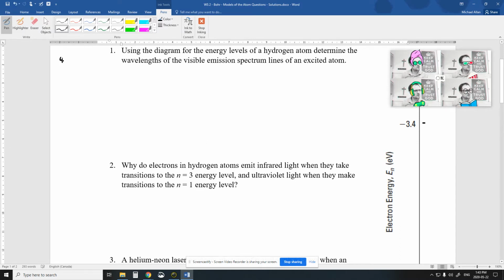So if I were to go from 400 to 800 nanometers, this is the visible spectrum here. That's in nanometers. Okay. So the energy at the 400, we're just going to use hc over lambda.